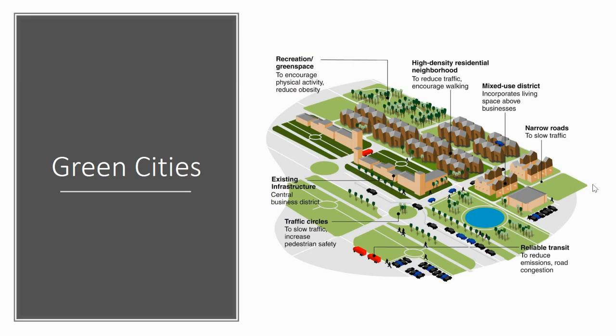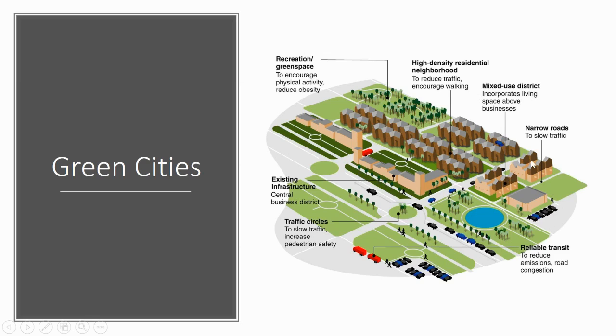We can see that they can implement high density residential neighborhoods. That's going to potentially reduce traffic, which means more people can walk. That means we're going to reduce the dependency upon transportation via a vehicle of some sort.